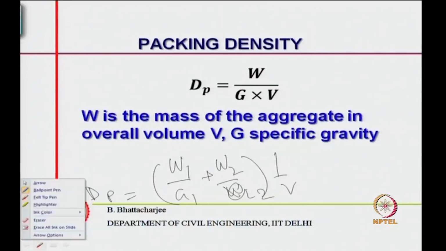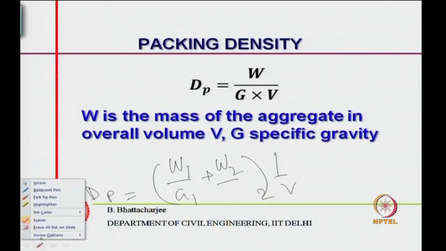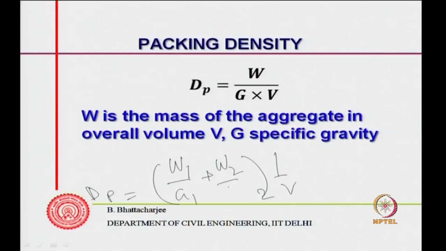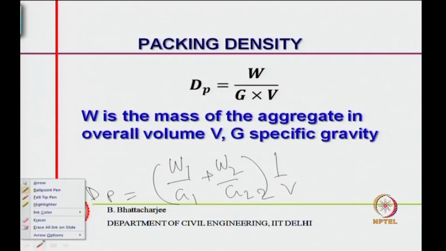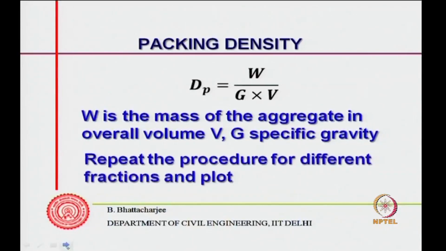I'll just rub this off and tell you, this should be actually G2, and 1 by V will give you the packing density when you are mixing them up in some definite mass proportions. In this manner you can find out the packing density corresponding to any proportion.